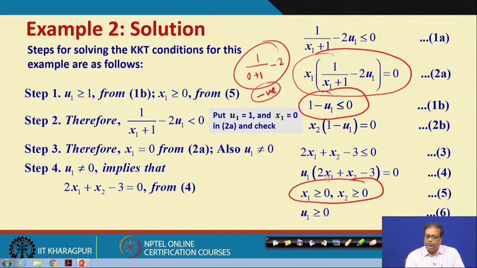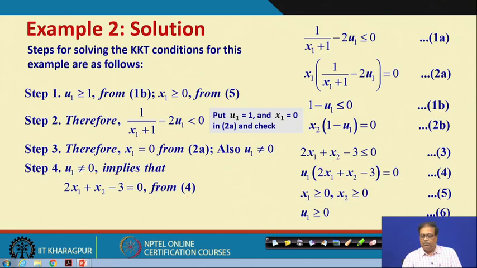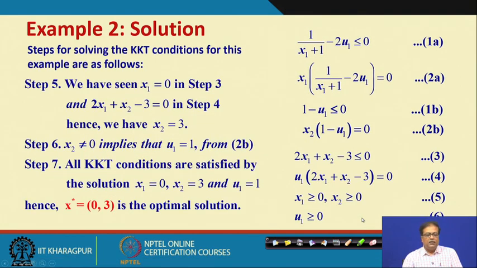Now look at the fourth condition. u1 is not 0, that means 2x1 plus x2 minus 3 equal to 0. So, we get x1 equal to 0 and 2x1 plus x2 minus 3 equal to 0. What does it mean? It means x2 equal to 3, because x1 equal to 0. That is how we have been able to obtain a trial solution.